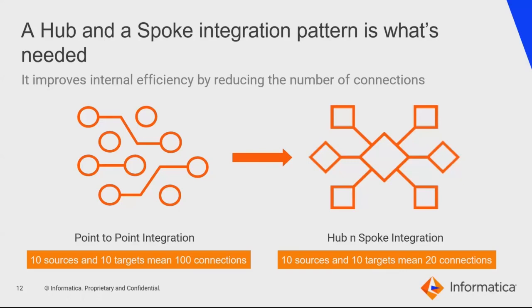Because now you are introducing one integration hub where your source application will be publishing the data into the hub, and your target applications, which will be called subscribing applications, will be subscribing the data from the hub. So you will be decoupling your architecture.